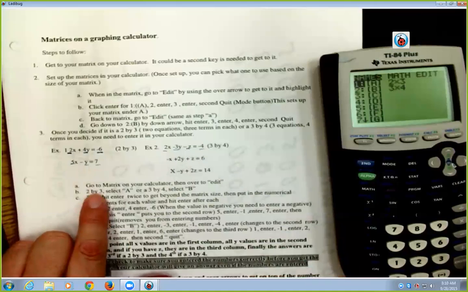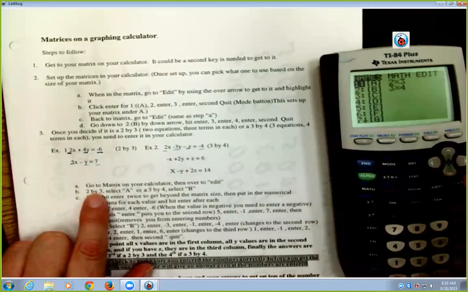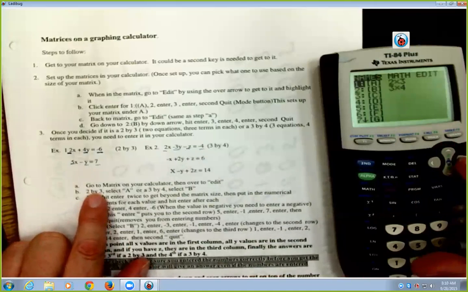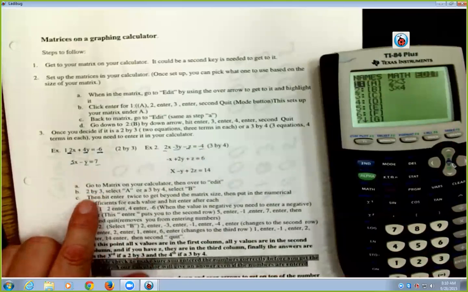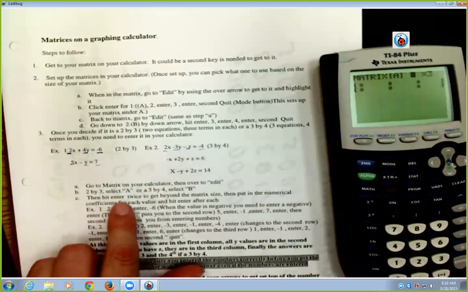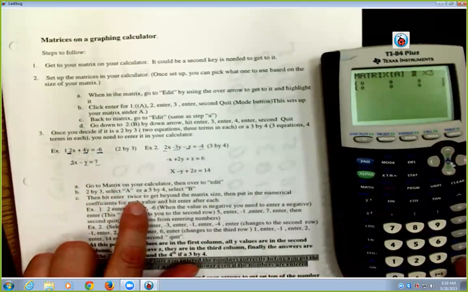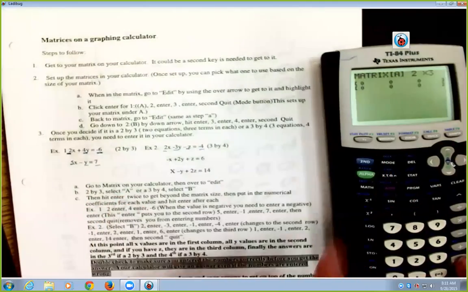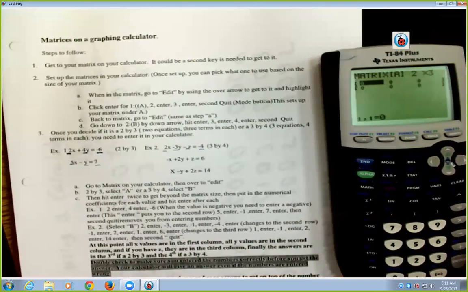It says, so go to Matrix C on your calculator. Go over to Edit. And select A because we want a 2 by 3 matrix. And now what we're going to do is hit enter twice. The reason I hit enter twice is because that walks me across my 2 pieces up here and gets me ready to set up my matrices.